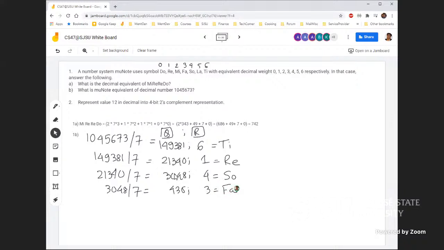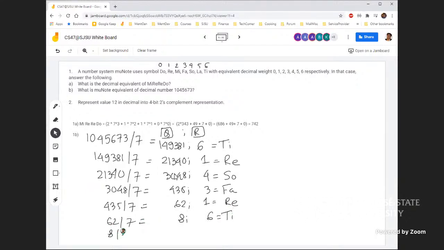Then 435 divided by 7 gives 62 as a quotient, 1 as a remainder, which is Re. Then 62 by 7 gives you 8 as a quotient, 6 as a remainder, which is Ti.